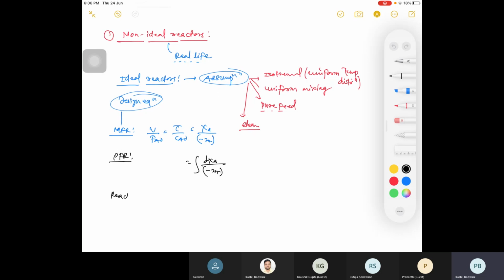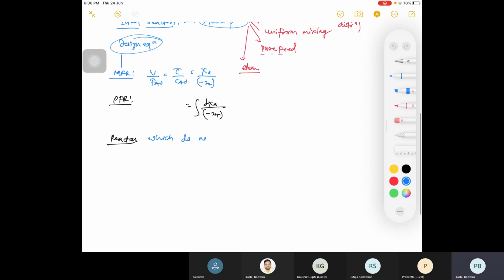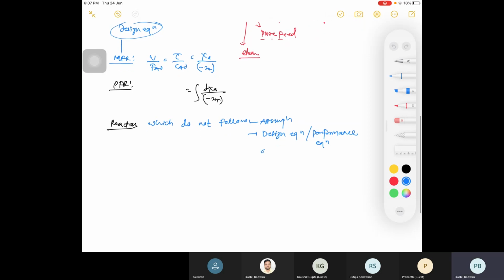These are the reactors which do not follow assumptions first, second is your design equation or performance equation of ideal reactors.